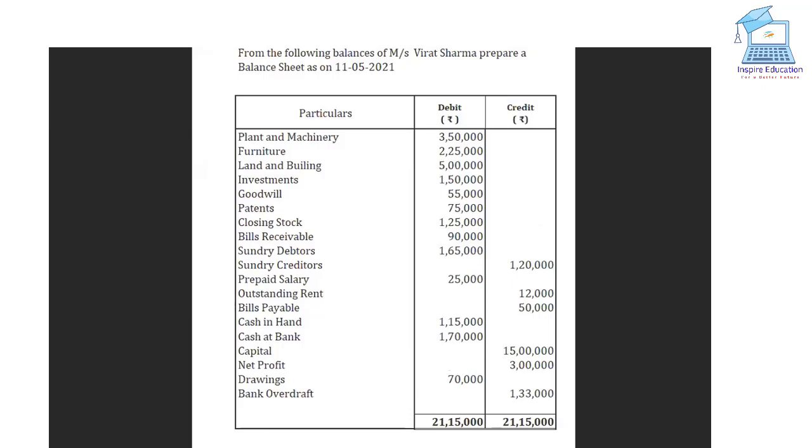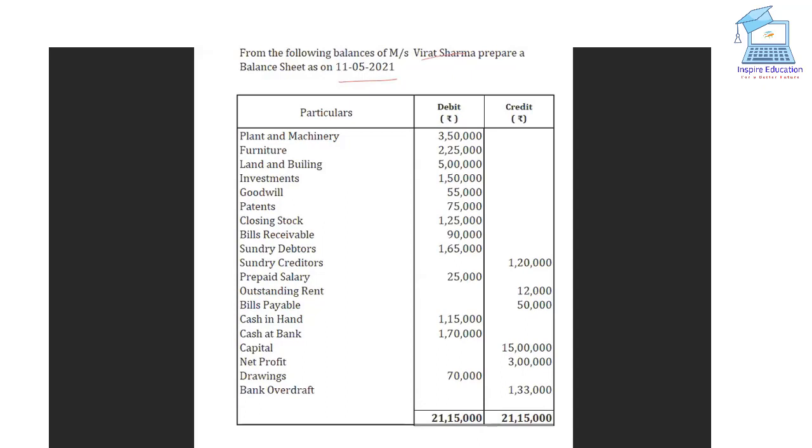From the following balances of Mr. Virat Sharma, prepare a balance sheet as on 11th May 2021. Means on today's date, you are asked to prepare the balance sheet. The balances are given like this. Debit and credit balances are given. You have been asked to prepare a balance sheet. So, how will you prepare the balance sheet?